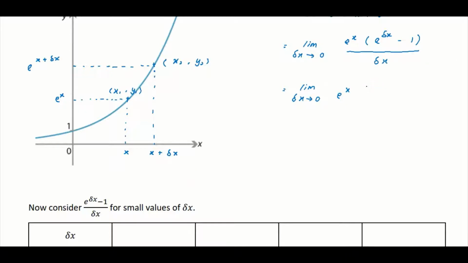Then we write another one, which is e to the power of small change in x minus 1 over small change of x. They are the same thing, I'm just rearranging it. We'll be looking at this part because this is the part where we make our small change in x approach 0.